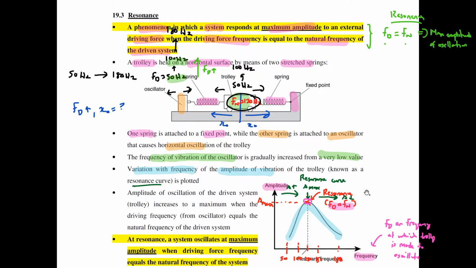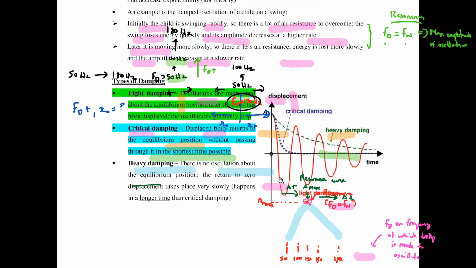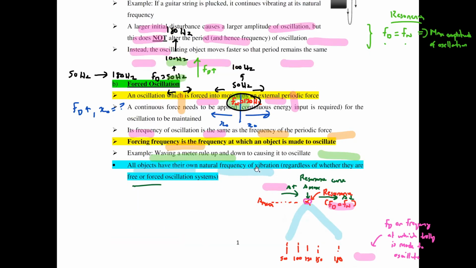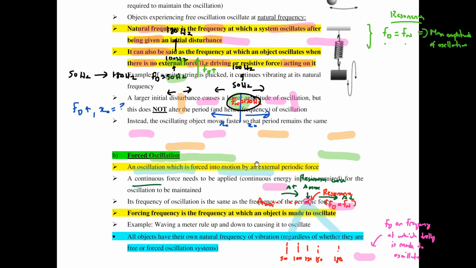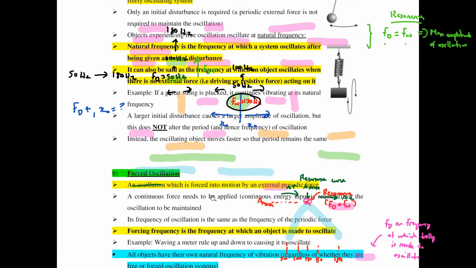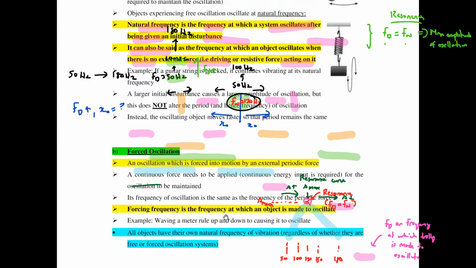Recall that last week when I mentioned free and forced oscillation, I told you that free oscillation tends to oscillate at its natural frequency naturally. Your natural frequency is readily displayed from a free oscillation system. But for forced oscillation, because it always follows the frequency at which your driving force is applied, it doesn't readily display its natural frequency.